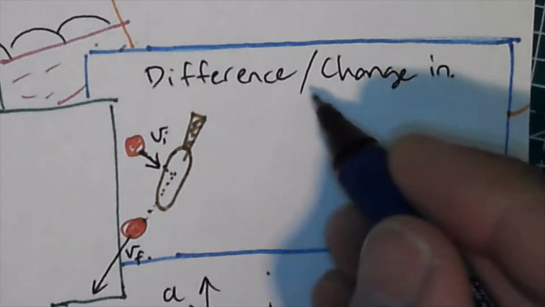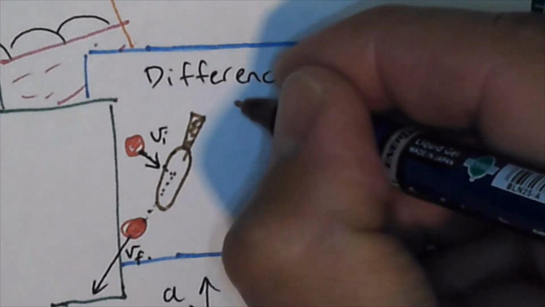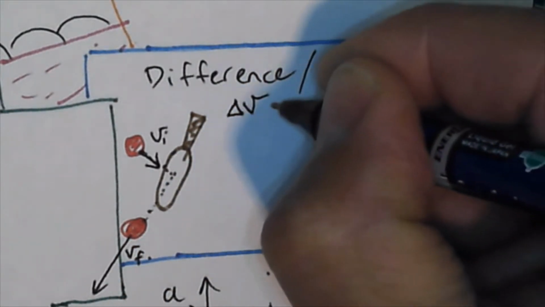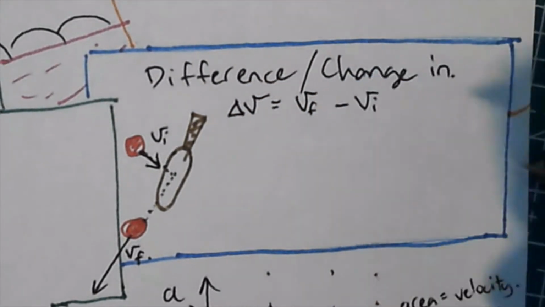And you might be asked to work out the change in or the difference in these two velocities. To work out the change in anything, in this case velocity, the way we do that, as always, is the final velocity minus the initial velocity.